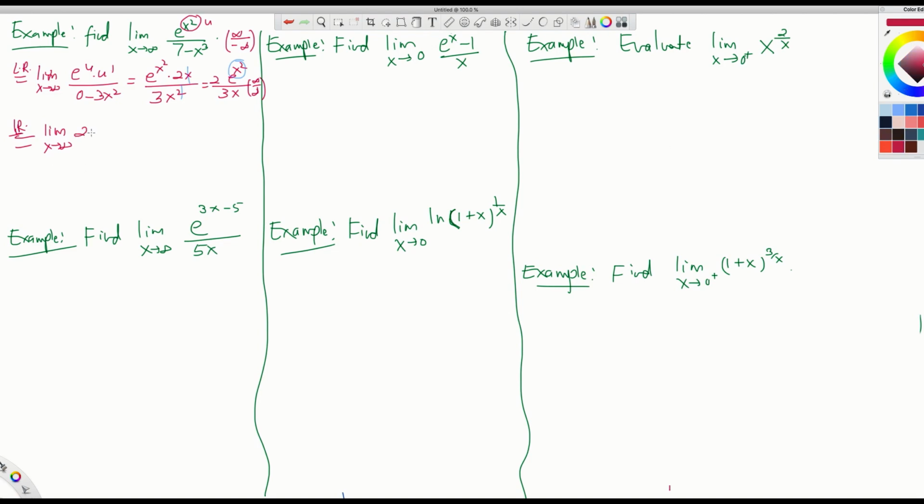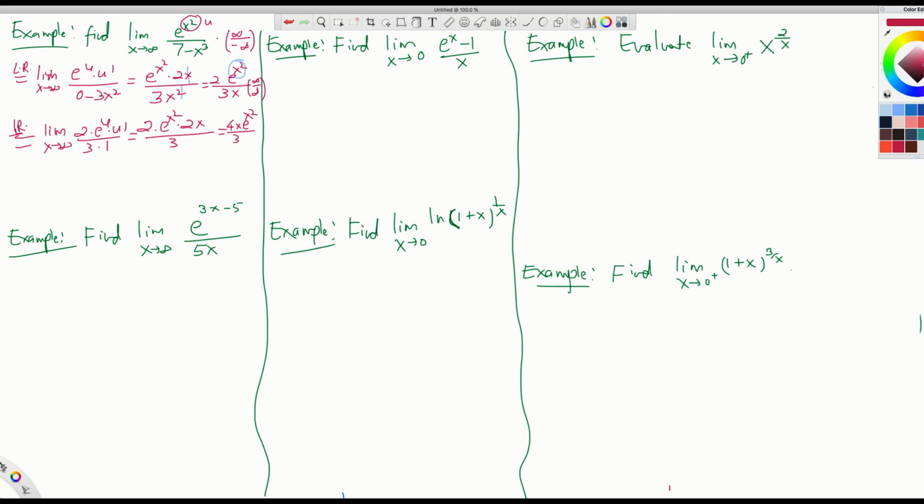So let me write 2 and then e to the u times u prime divided by 3 times the derivative of x, which is 1. Let me plug in the values of u and u prime. So 2 e to the x squared times u prime, which is 2x again, divided by 3. So what is the simplified form? It is 4x e to the x squared divided by 3, right?